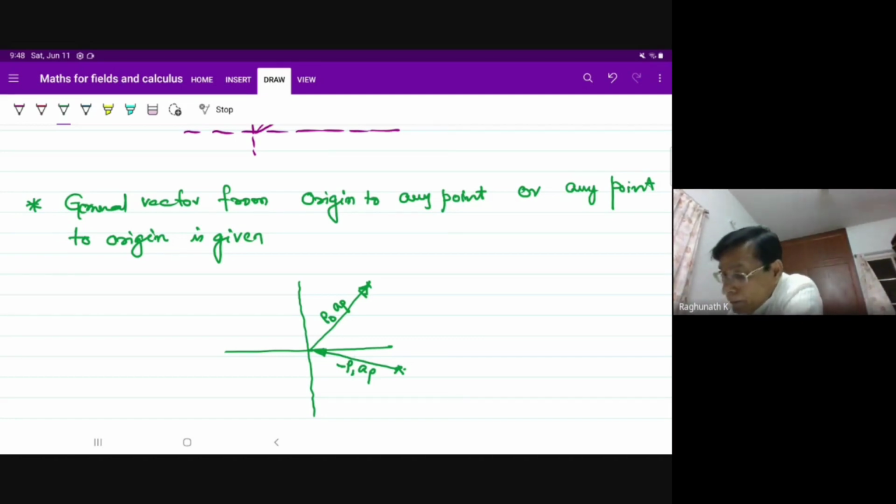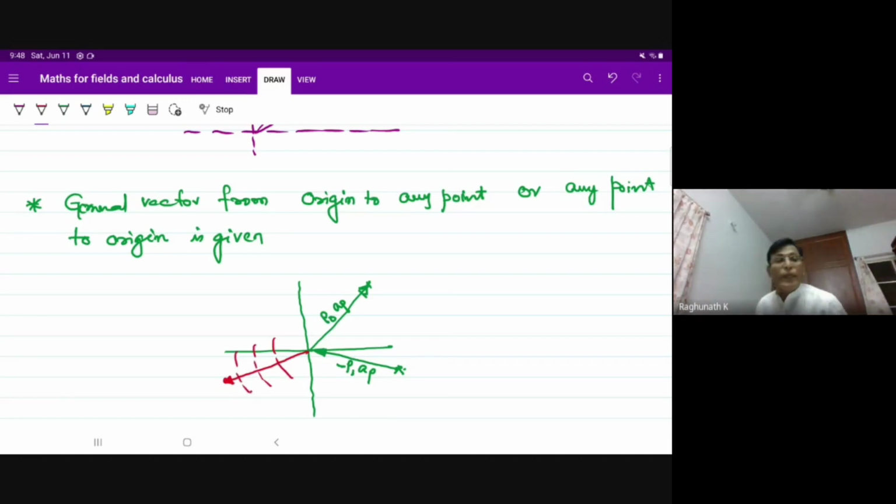Any point, you take this point, you talk about this, because I am continuously moving away from that. This is actually the radial line to all the circles that I have drawn, keeping the center at origin. Continuously in the same radial direction I am moving. So again, rho a rho, because I am continuously moving away from origin, it is a rho component only.